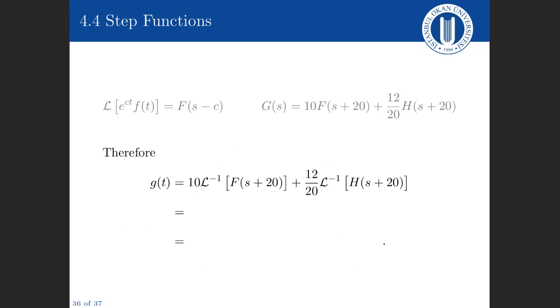Therefore, small g, the inverse Laplace transform of capital G, is 10 multiplied by the inverse Laplace transform of capital F of s plus 20, plus 12 over 20, inverse Laplace transform of capital H of s plus 20.